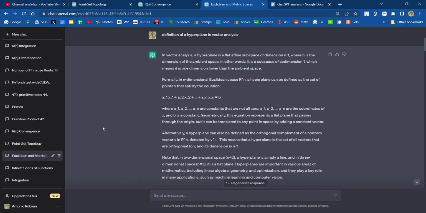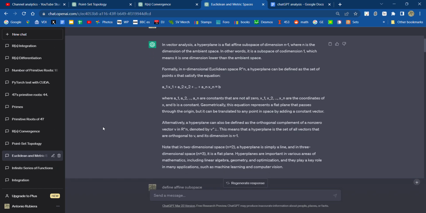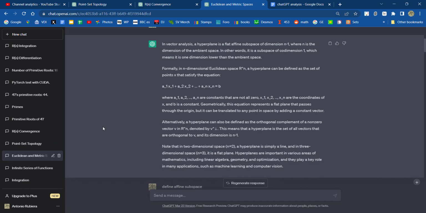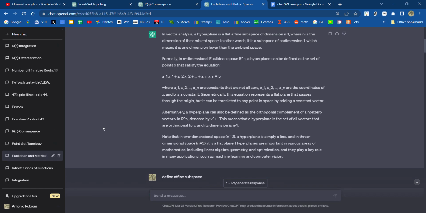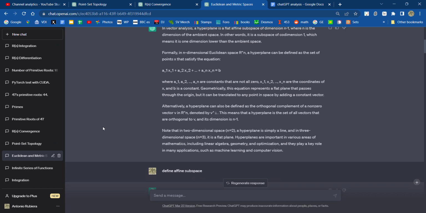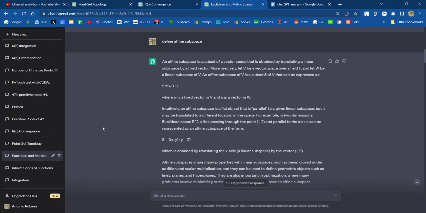Just a plane in R to the n. And in two-dimensional space, it's a line. In three-dimensional space, it's a flat plane. And they're using machine learning and computer vision.